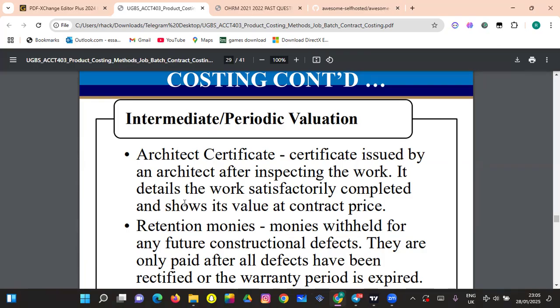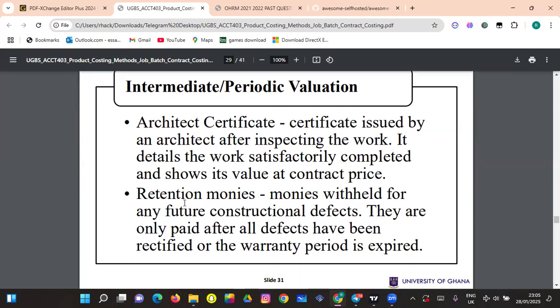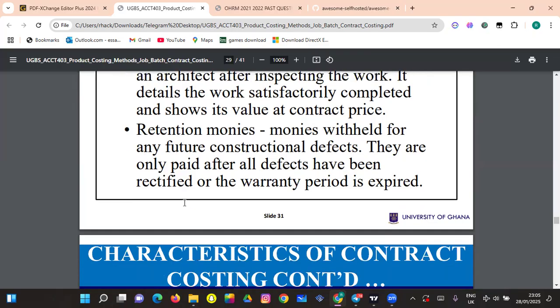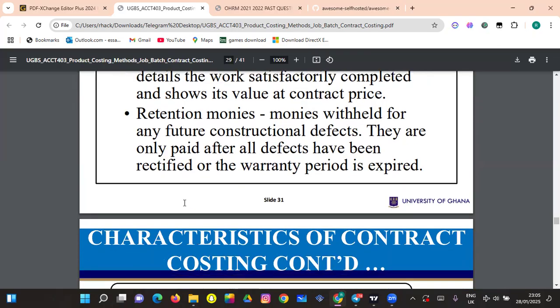That 20% might be paid after, let's say, the warranty of that particular job has expired. But if a defect appears, then the government can use that money to fix something. So they are only paid after all defects have been rectified or the warranty period has expired.